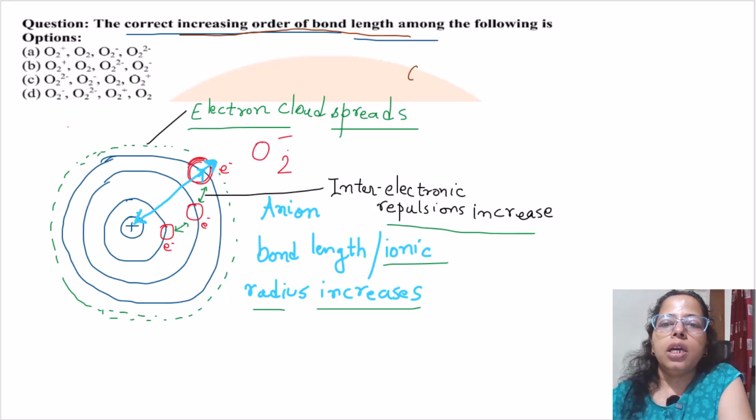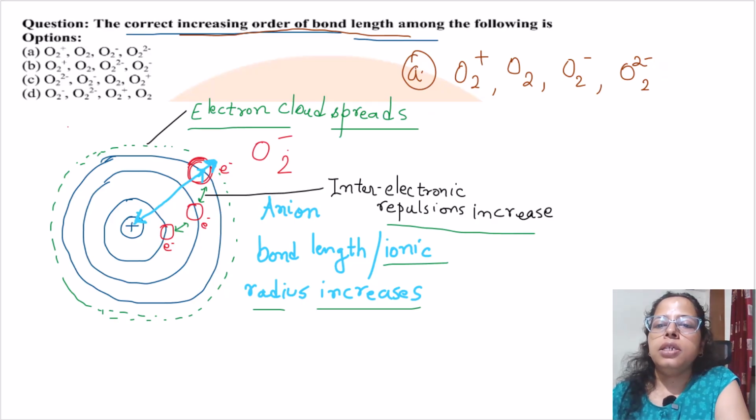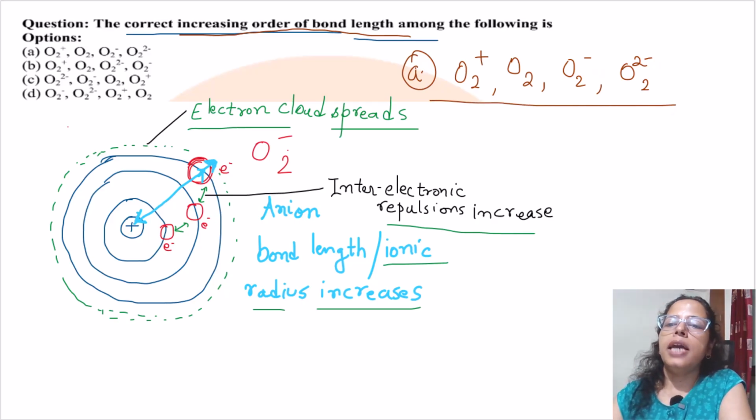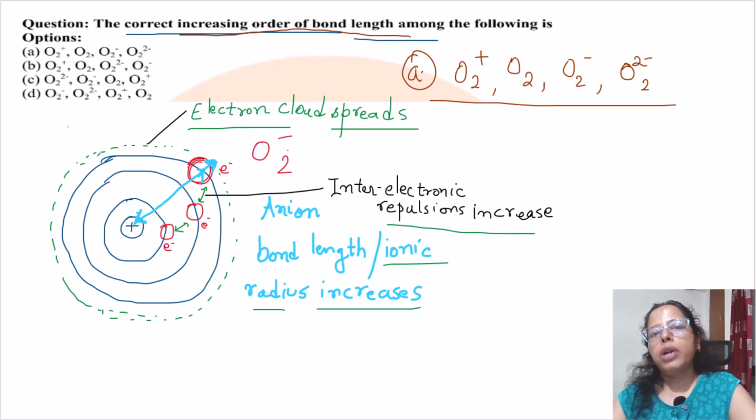So option A is our correct answer, which says that O2 plus has the smallest bond length, followed by neutral O2, then O2 with one negative charge, and O2 with two negative charge has the largest bond length, since an electron is further added in O2 minus.